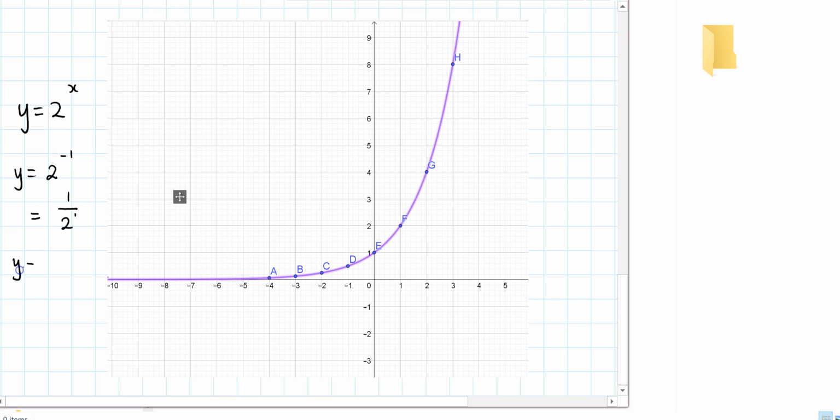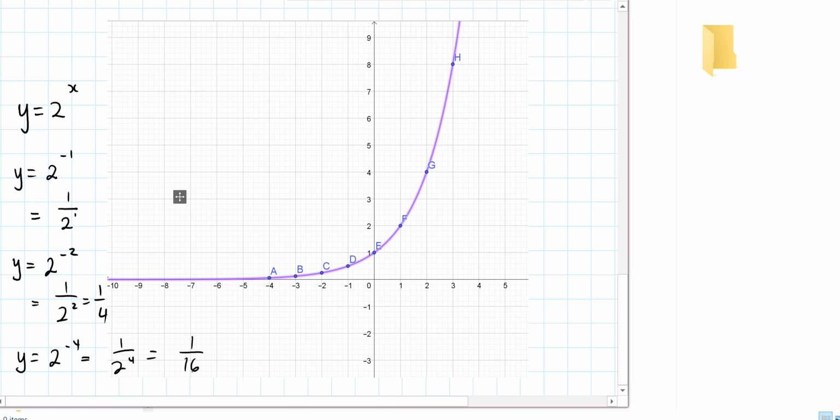If I have y is equal to 2 to the minus 2, this is going to be 1 over 2 squared, or 1 over 4, a quarter. Y is equal to 2 to the minus 4. That's going to be 1 over 2 to the 4, or 1 over 16.